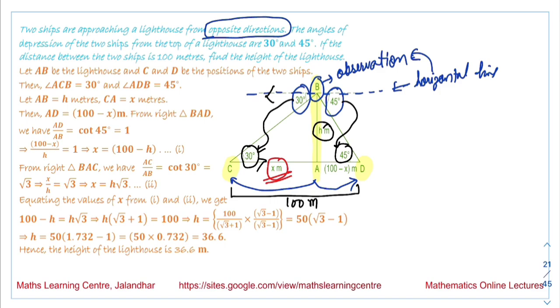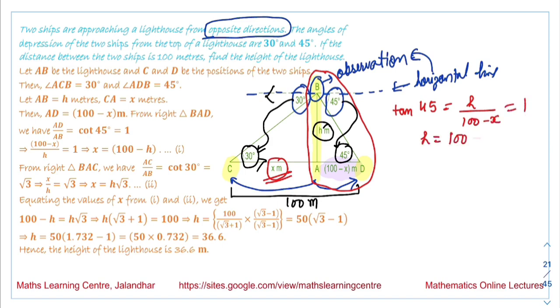This is the distance between A and C. So this remaining distance over here will be 100 minus x meters. So again we are considering first the triangle ABD. We have tan 45 equal to h over 100 minus x. This is equal to 1. We get h is equal to 100 minus x.